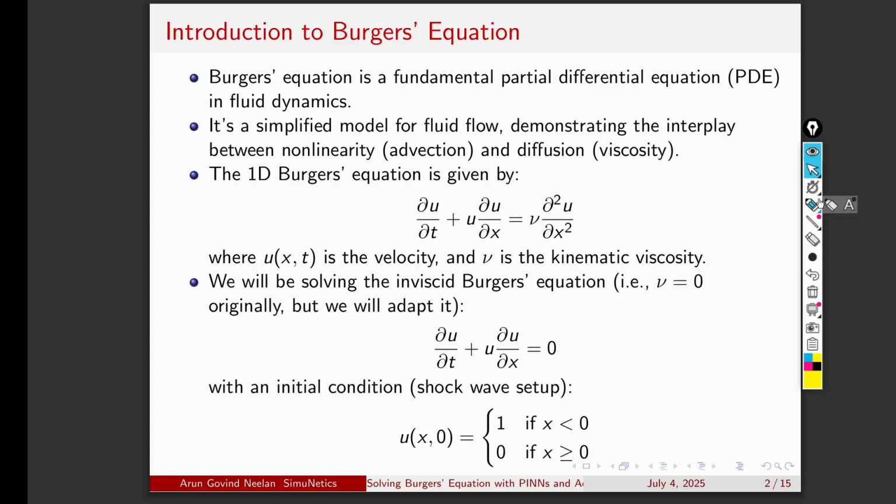So this is the viscous Burgers equation. If we remove this part, this becomes the inviscid Burgers equation. The viscous Burgers equation is relatively easy to solve compared to the inviscid Burgers equation, because the inviscid Burgers equation will produce a shock like this.